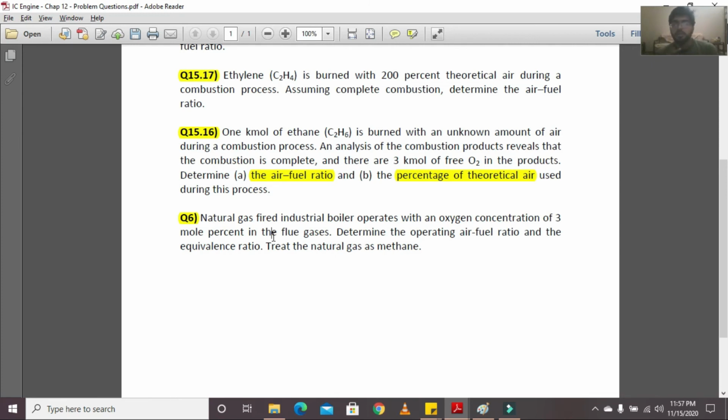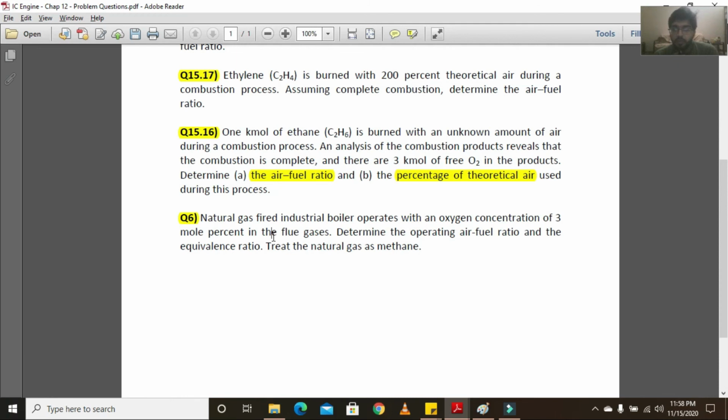So in this question it is mentioned that you have a natural gas fired industrial boiler. Natural gas means we have methane, which operates with an oxygen concentration of 3 mole percent in the flue gases. This is an important factor here. 3 mole percent means we are talking about the mole fraction here.